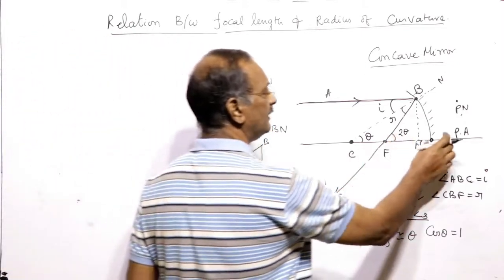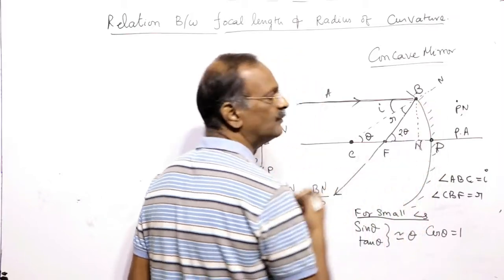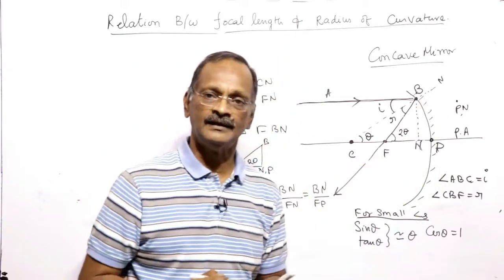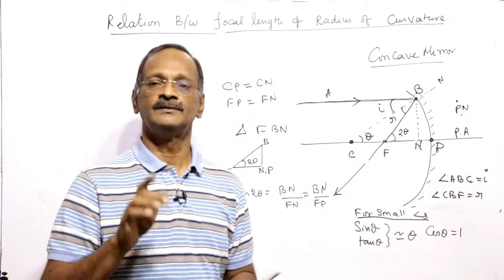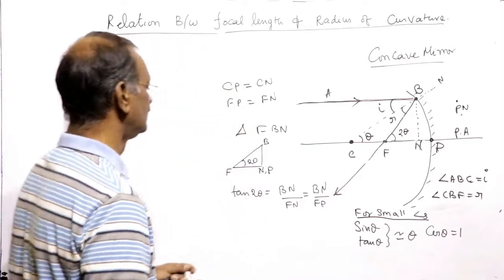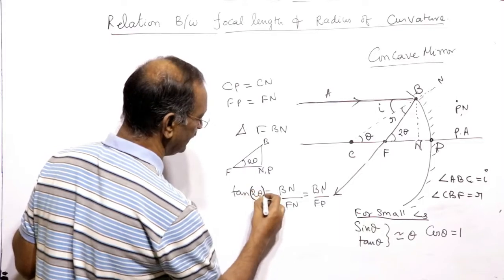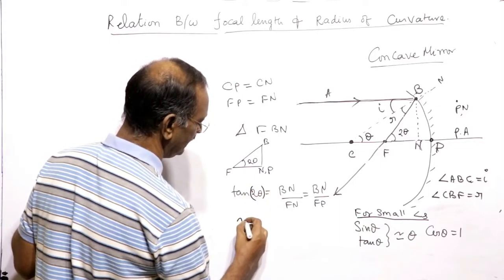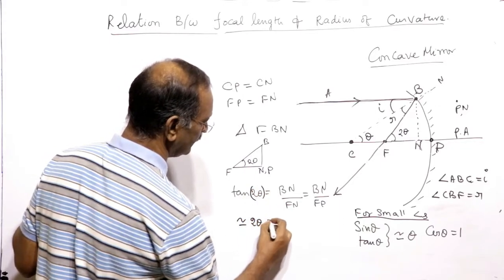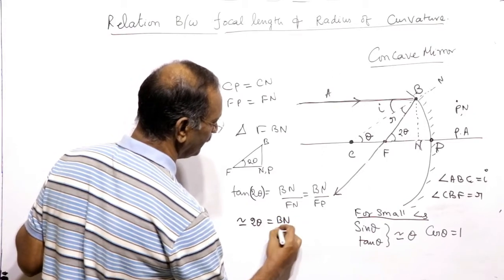These points are very close together for a small aperture, and we take a very thin glass whose aperture is always very small. So tan 2 theta, since the angle is small, is approximately equal to 2 theta, which is equal to BN by FP.